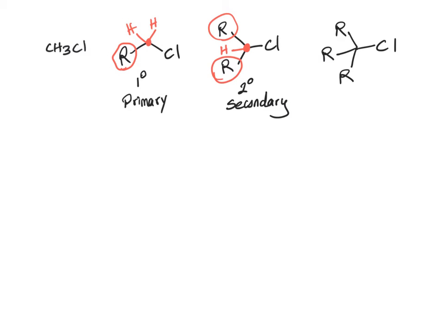If a halogen is bonded to a tertiary carbon, we have a tertiary alkyl halide. And a tertiary carbon is a carbon like this carbon, which is bonded to three other carbons, three alkyl groups.